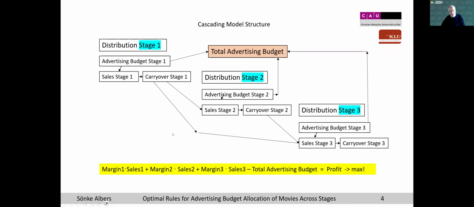And in comparison to the Lim-Lee article, they can only determine the percentages of a total budget that you spend for the stages, but you have to determine the total budget by yourself. While in my article, I can determine the optimal budgets for every stage, not only the percentages.